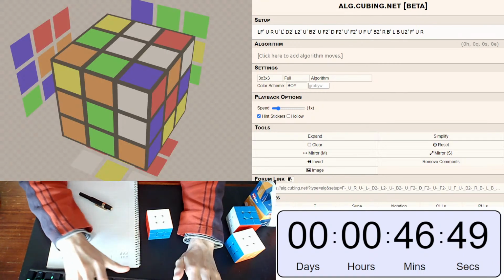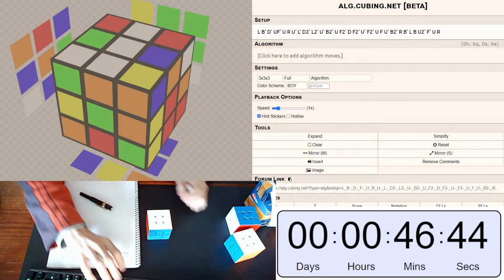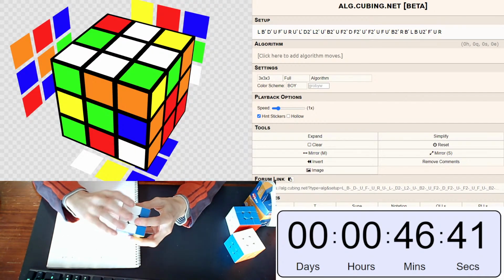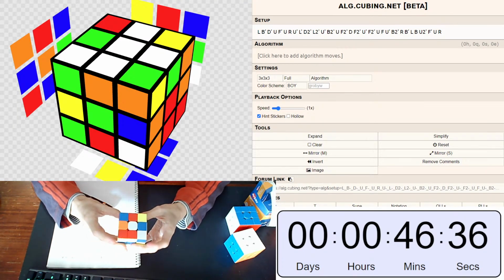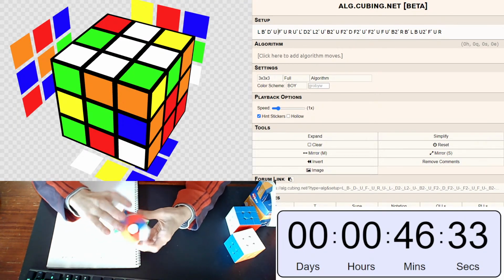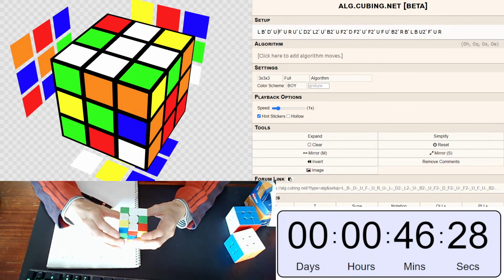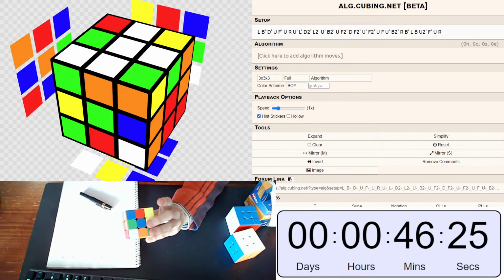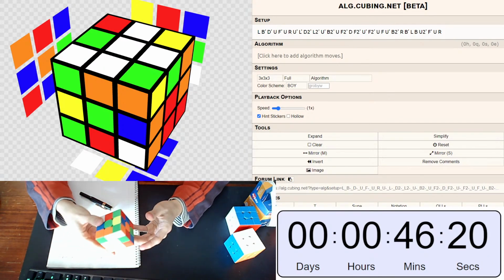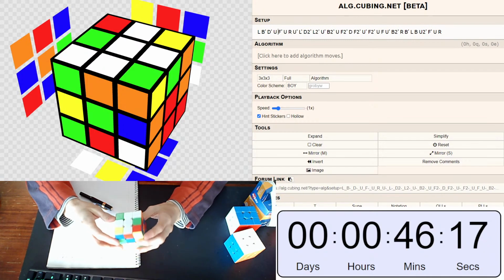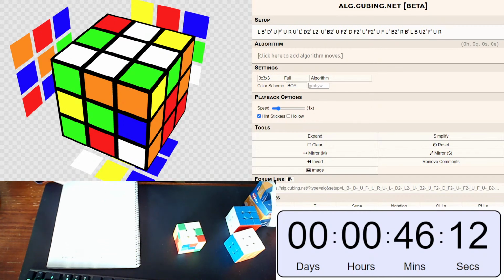So L, B prime, D prime, U. Which gives me a very interesting case. So the column is actually pre-made on the inverse scramble.